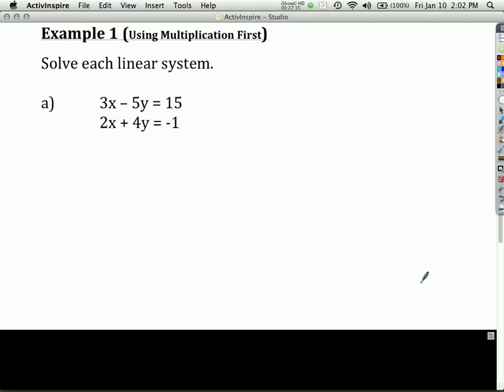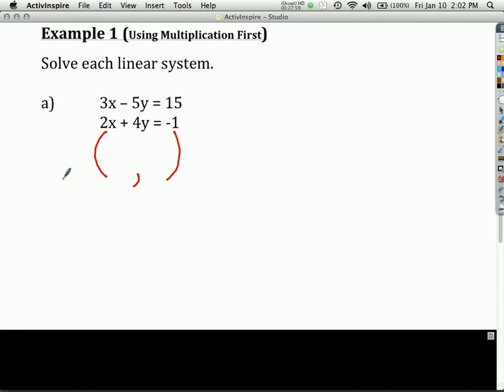When you're solving a system, you are trying to find an ordered pair that makes the system true. So I like to write out my little empty ordered pair, empty parentheses, to get set up so I don't lose sight of that goal.